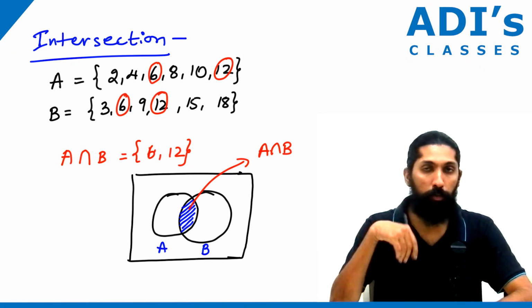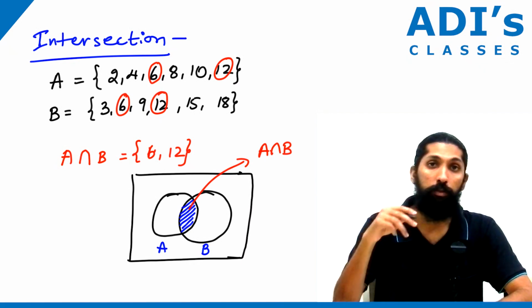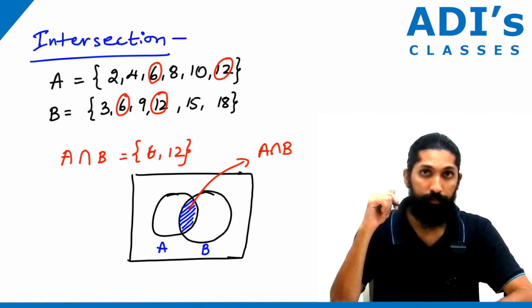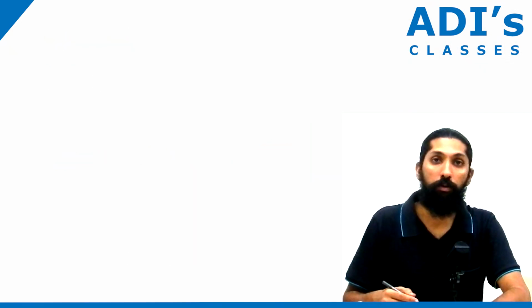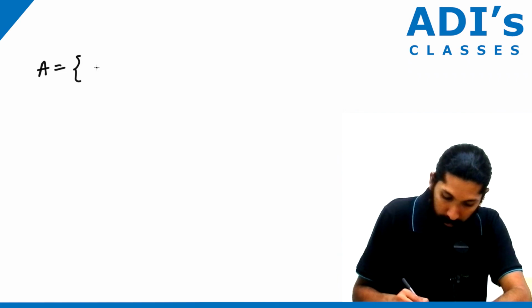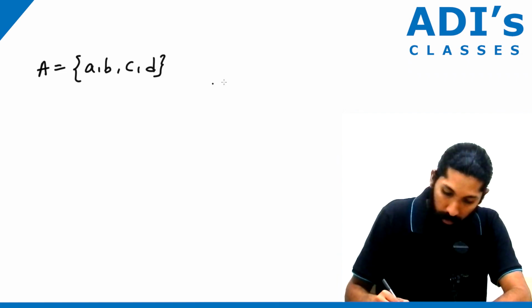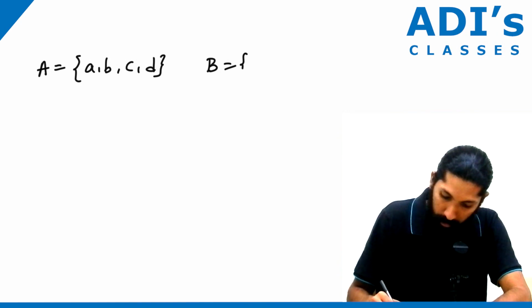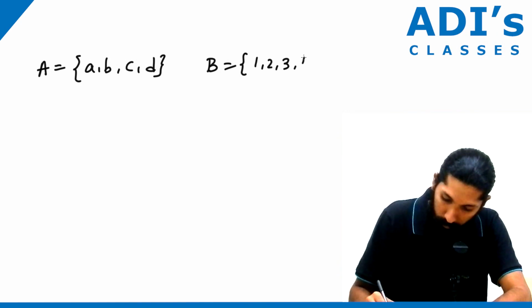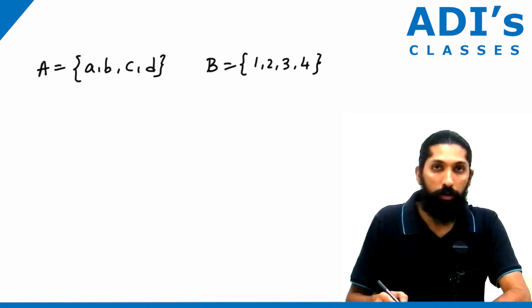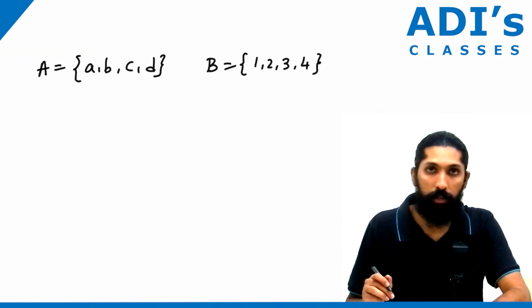Okay, now before the properties, what if two sets have nothing in common? For example, say you have set A, let's say set A is a, b, c, d, and set B is, suppose, 1, 2, 3, 4. Now, do you see anything common between set A and set B?